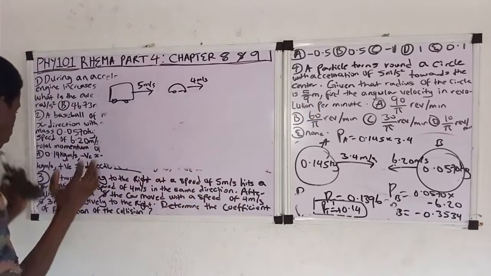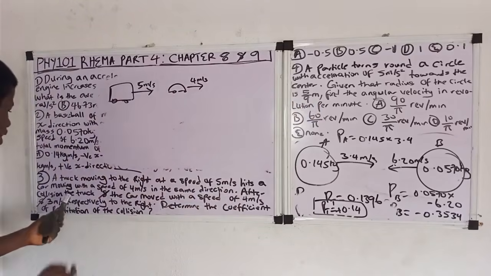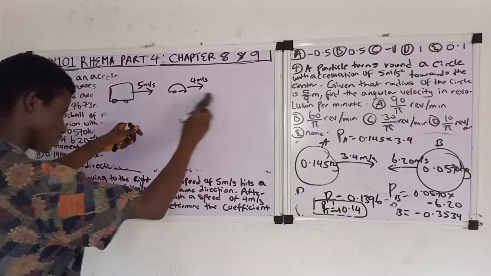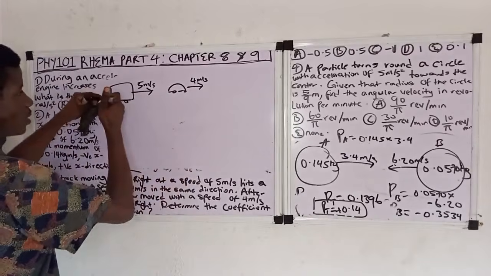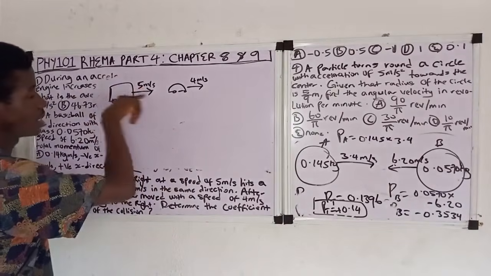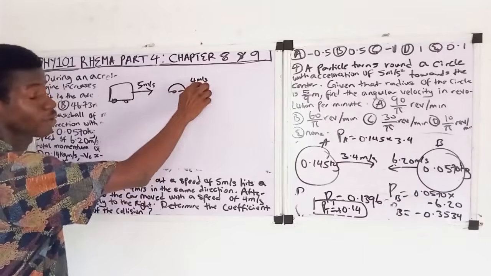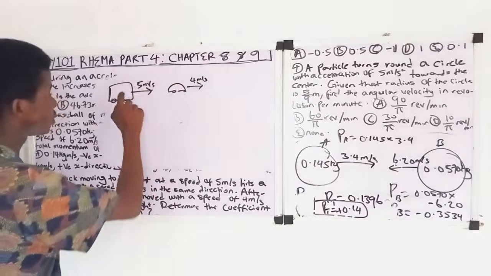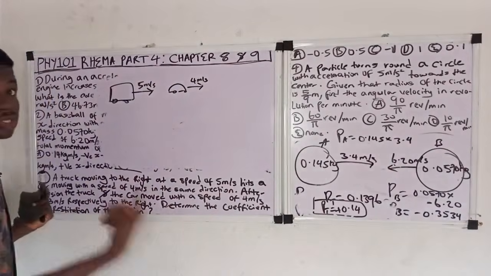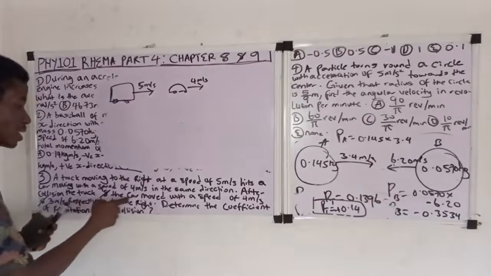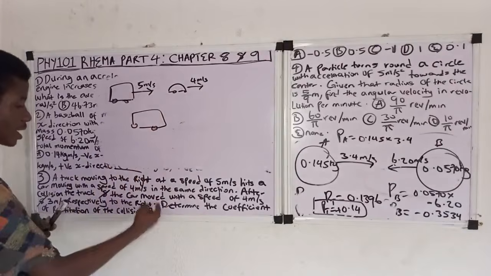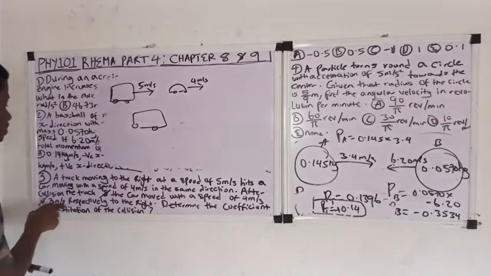They say after collision, after the truck hits the car, the truck and the car move with speeds of 4 and 3 meters per second respectively.